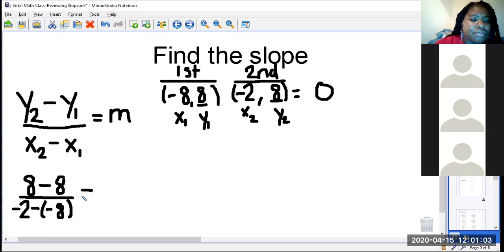All right. So we know 8 minus 8 is 0. But at the bottom, we got to do some more work. So what is the rule for subtracting integers? Who remembers? Combine like terms? No, not like terms.